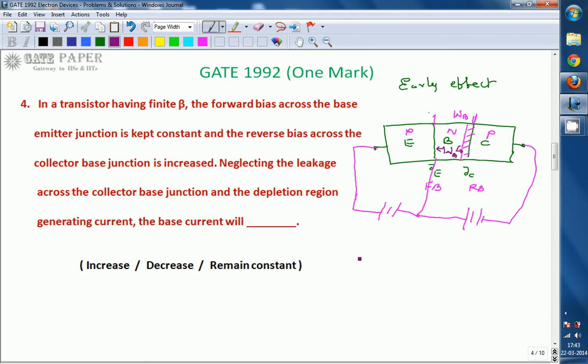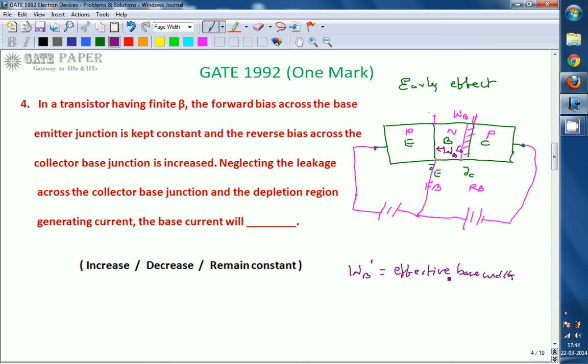WB dash is equal to the effective base width. Effective base width is the base width where the mobile charge carriers are present, whereas WB is the metallurgical base width.